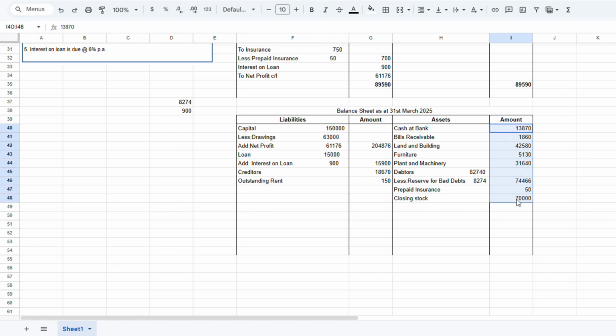And the total is 2,39,596, and here it is also 2,39,596. So our balance sheet is tallied.